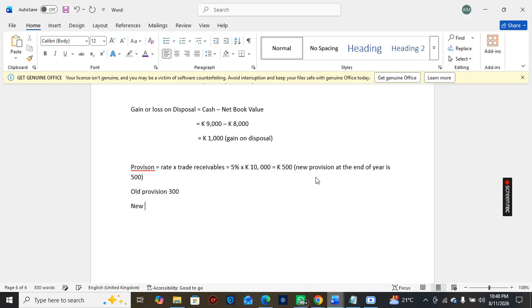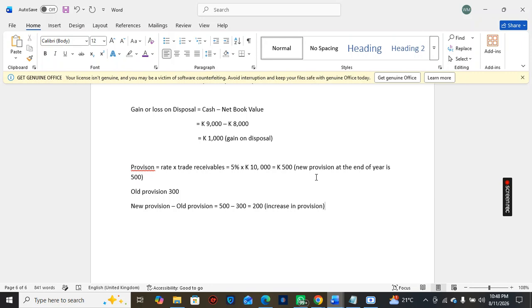So new provision minus old provision. If you get a positive value, increase; negative value, decrease. So 500 minus 300, we have an increase of 200. Increase in provision.